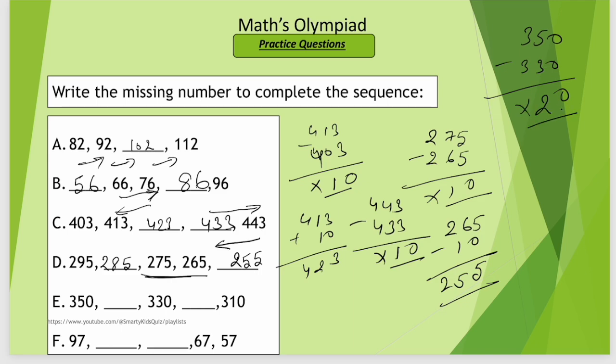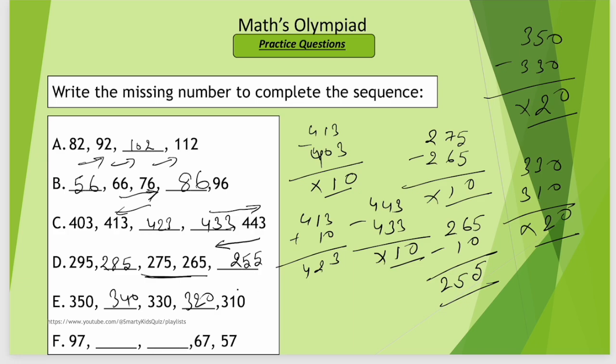So 20 gap, right? Between 350 and 330, 20 gap. Again 330, 310: 3 minus 1, 2 cancel. Again 20 gap. So here 20 gap, 20 gap, which means if I put a number here, 340, it is 10 gap here, 10 gap here, and here I will write 320. So 10 gap here, 10 gap here.